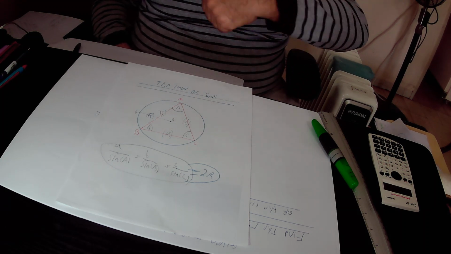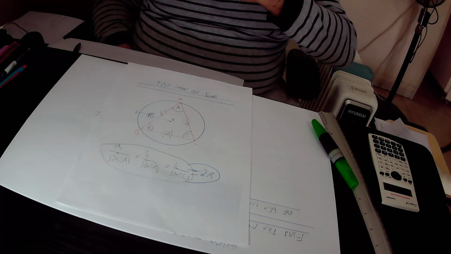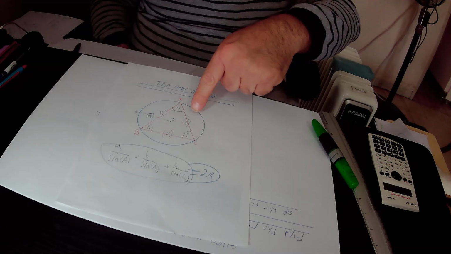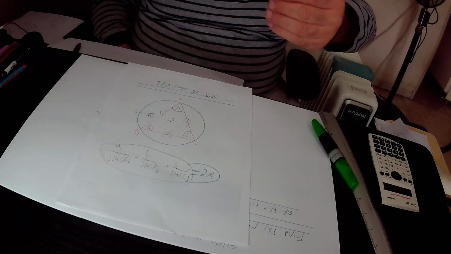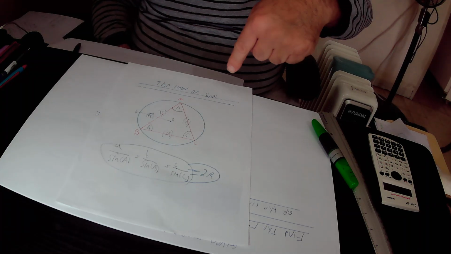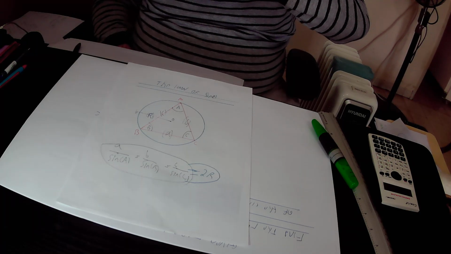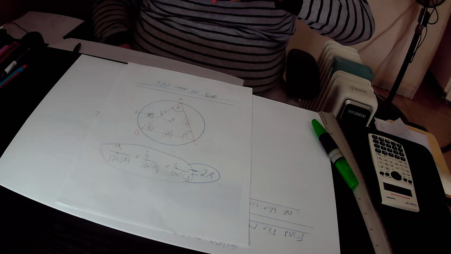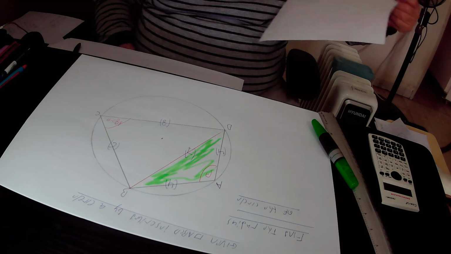So in this triangle ABC that could be any triangle, according to the law of sines, the following equation is true: a over sine A equals b over sine B equals c over sine C equals 2R. And R is the radius of the circle that circumscribes triangle ABC. We can implement the law of sines in our drawing.